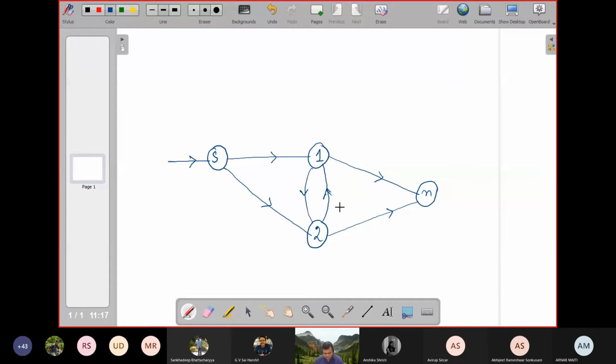Okay. So say this is the network. The source is S and the destination is n. And there are two intermediate nodes, 1 and 2, and the network is given. Each of these directed edges, directed arcs, represents the possible direction of flow in the network, and each of these edges or arcs has some associated capacity.